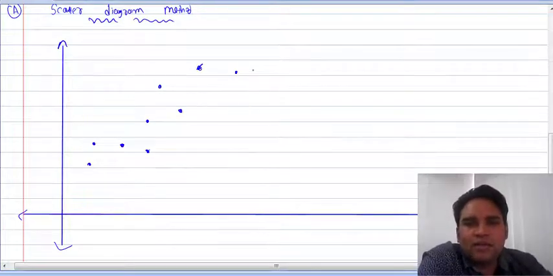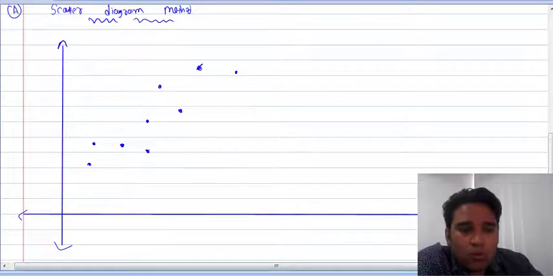Suppose we get this kind of diagram, from left to right upward, a positive diagram.